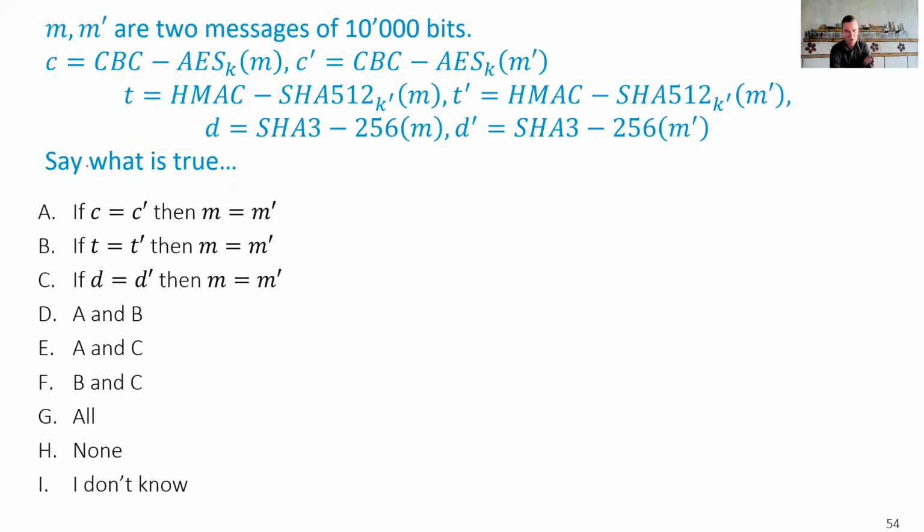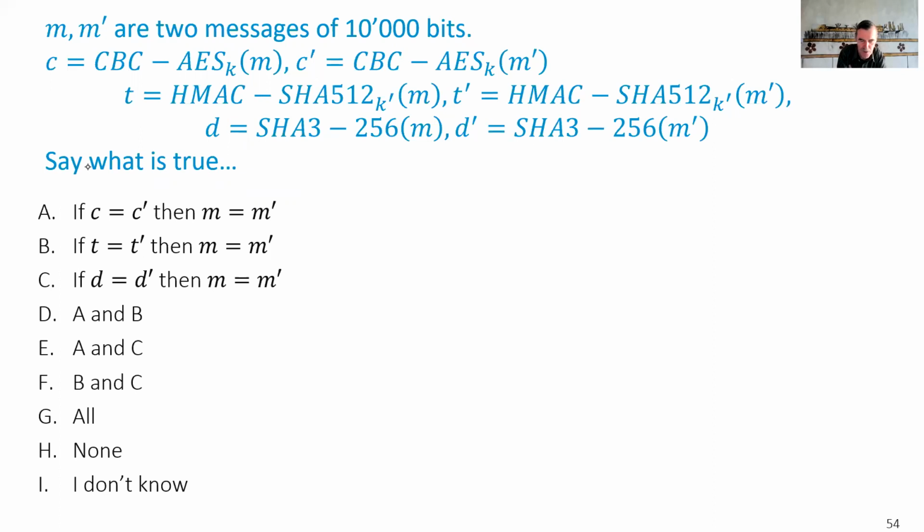Another quiz here. So let me help decrypting the quiz. I assume I have two messages, M and M prime, that are long, and I compute the first, C, a CBC AES tag. That's a tag, as we have seen last week, that uses AES in chaining mode to obtain a verification tag, with a secret key, little k.